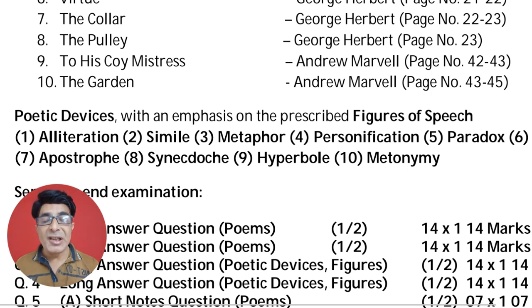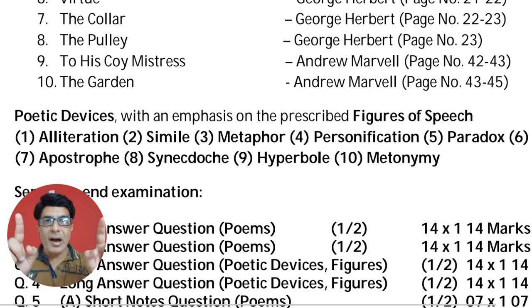So 10 poems by these three poets, and apart from this you will also study some important poetic devices or figures of speech. Because there are hundreds of figures of speech in English poetry, but here the focus is on alliteration. I think you studied this in your previous semester also. Alliteration, simile, metaphor, personification, paradox, conceit, apostrophe, synecdoche, hyperbole, and metonymy.